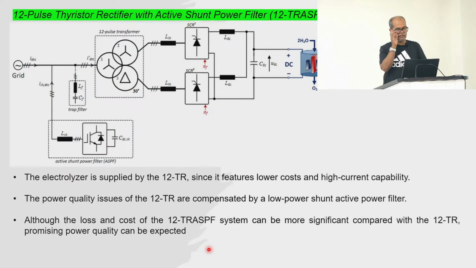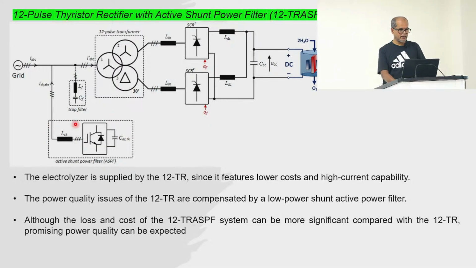And the last one here, again, we have got an additional device. If you compare with the first one, we are adding an additional active shunt filter, because as we mentioned, at low current we have higher harmonics as well as a total harmonic power quality issue.